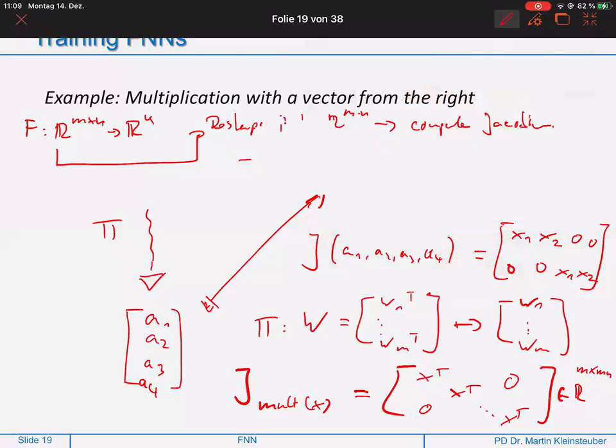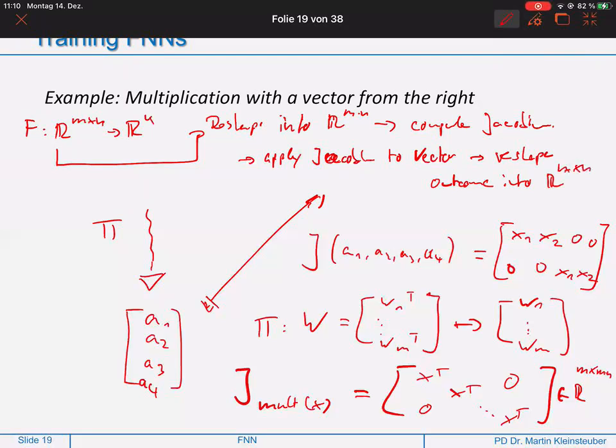Reshape into some R^(m by n), compute the Jacobian, apply the Jacobian to a vector, and then reshape the outcome into some m by n again.